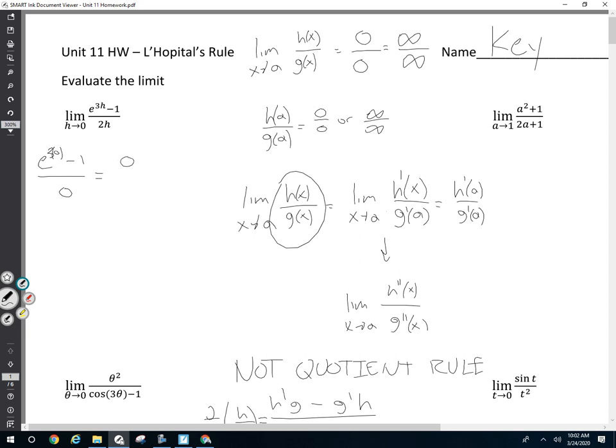But here in this situation, I get 0 over 0, which means I will be applying L'Hopital's rule, which means I'll take the derivative. The derivative of e to the 3h would be e to the 3h times 3. The derivative of 1 is 0. It's very important that when you take the derivative of a constant, you remember 0. The derivative of the denominator is 2. We will then plug in 0. I get e to the 0 times 3. That's 3 divided by 2, 3/2.